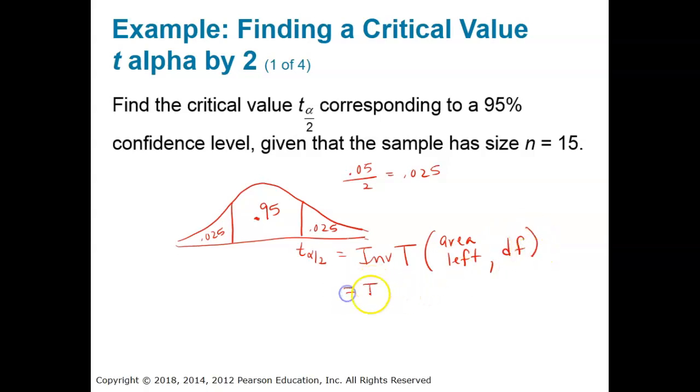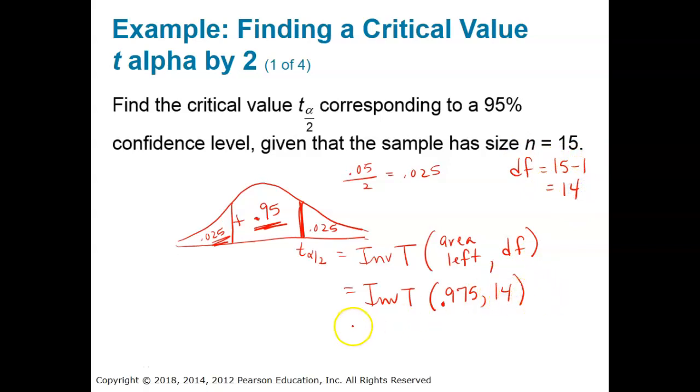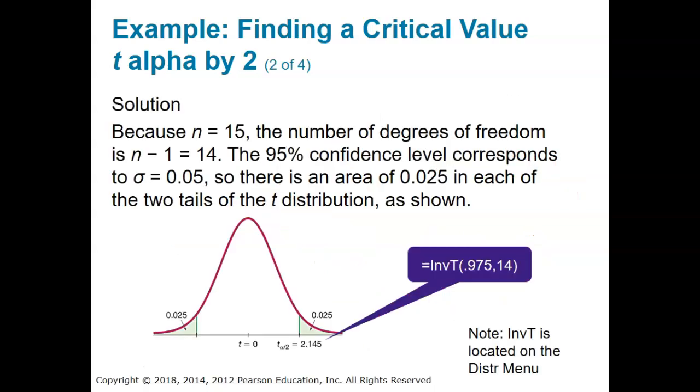So here I'm going to do inverse T. My area to the left of this line here, adding these two together, is 0.975. And my degrees of freedom is 15 minus 1, or 14. Okay, so if I put that in my calculator, what I'm going to get is 2.145.